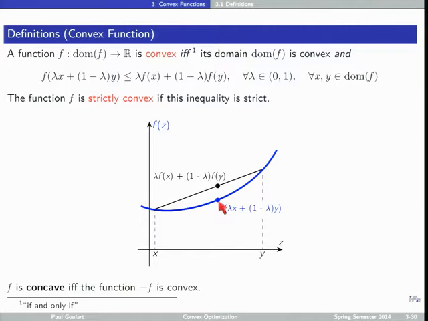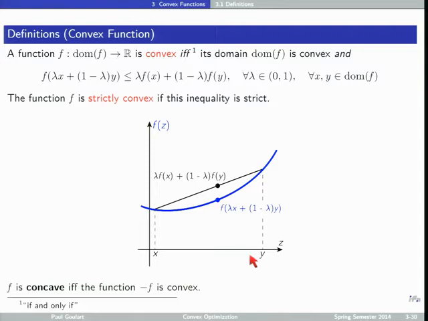And we would say that this function is, okay, so this is the definition of a convex function. And we would say that the function is strictly convex if this is a strict inequality instead of a less than or equal to. So this function here is strictly convex because there's always a gap between the blue point and the black point. And that's true for any pair x and y that we would like to pick. And then we would say that a function is concave if minus the function is convex.